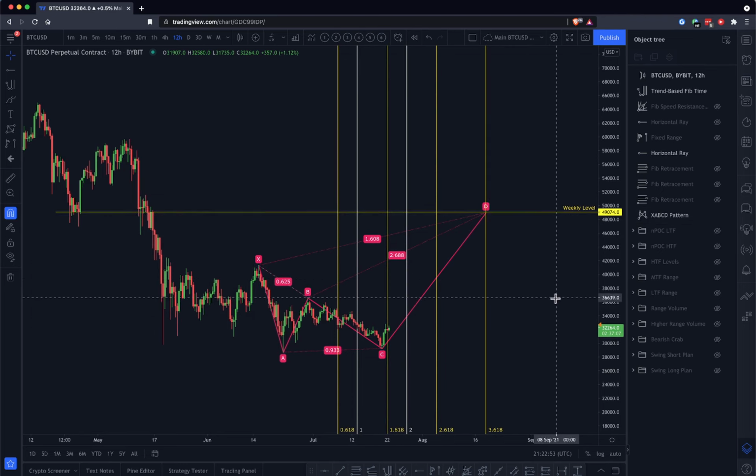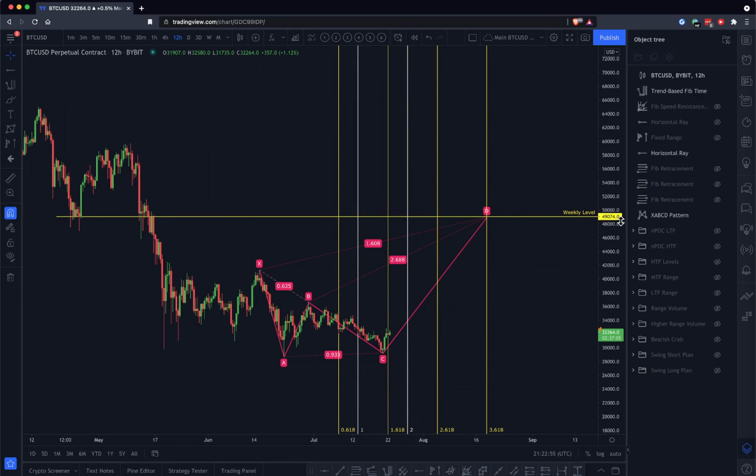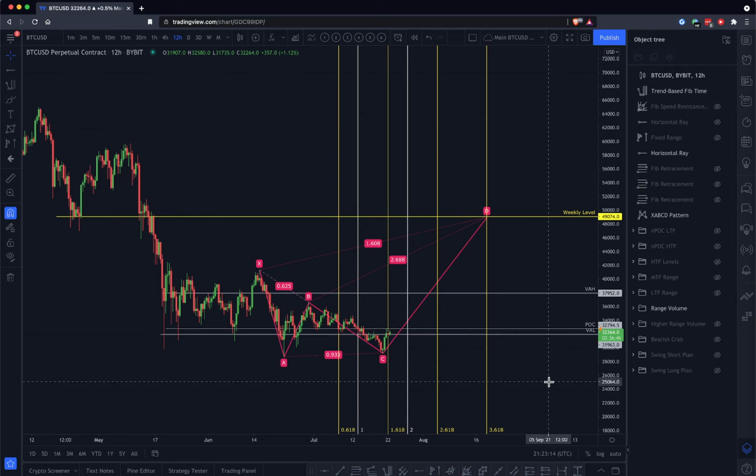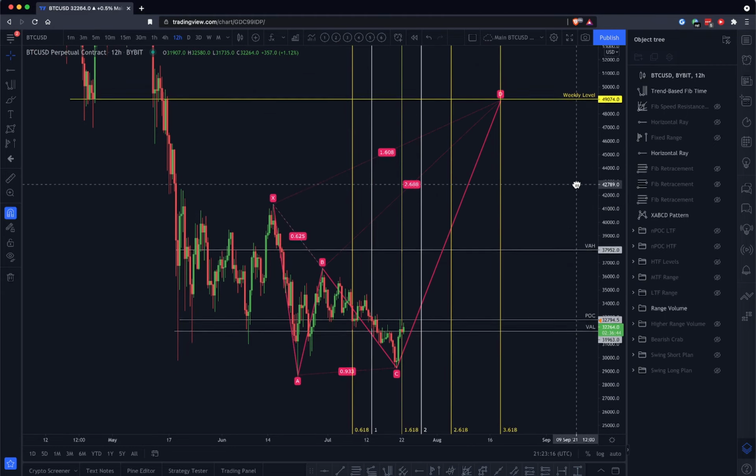So again, going back to what other things we need to consider before getting too excited. We have so many resistances here, and we have to keep them in mind. But let's see what the volume levels are in this range.